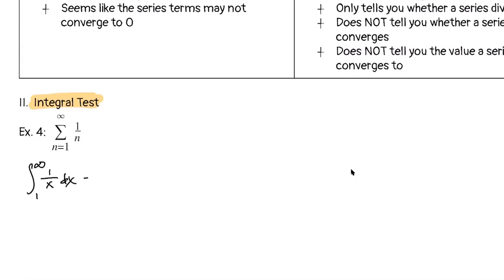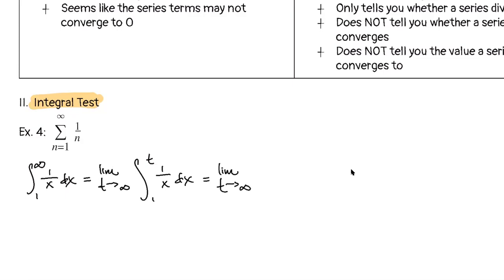So it's very similar to our whole unit on improper integrals. And since we can't really integrate with that bound of infinity, we're going to take the limit as t approaches infinity, integrate from 1 to t of 1 over x dx. Now I'm going to take the limit as t approaches infinity.